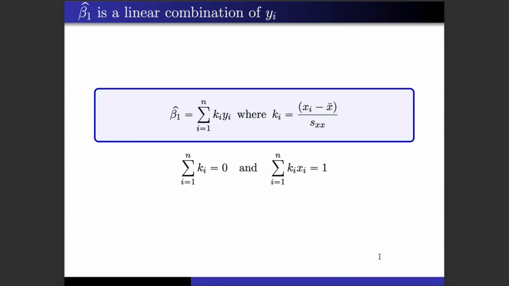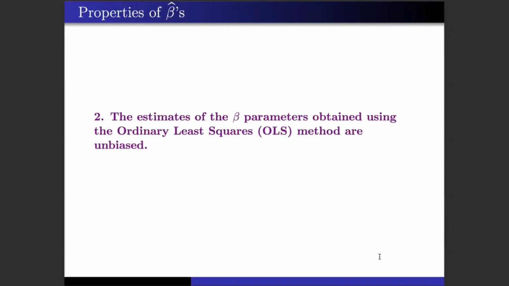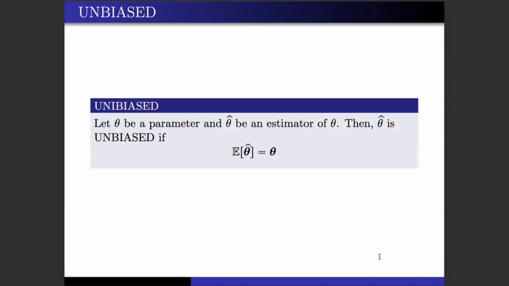The reason we proved these properties is because we are going to use them to prove the second property of betas, which is that the estimates of the betas, beta naught hat and beta 1 hat, obtained using ordinary least square method are unbiased. What is the definition of unbiased? Say we have a population parameter theta, and theta hat is an estimator of theta.